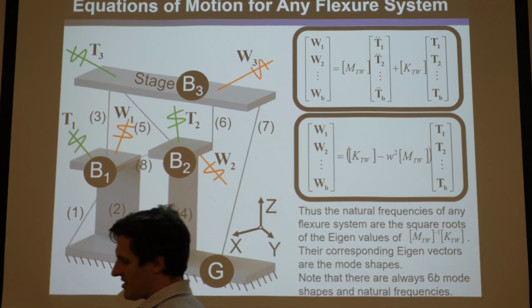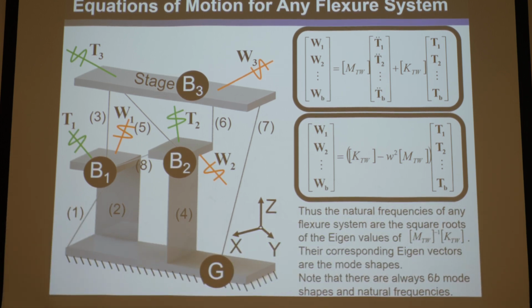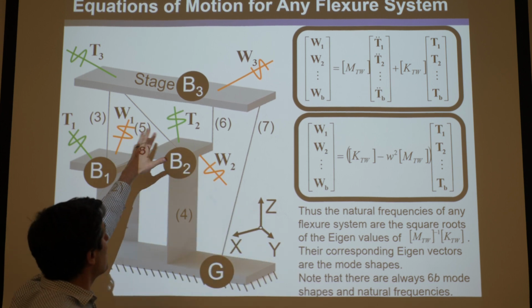To find the eigenvectors and eigenvalues, you would take this giant M matrix, invert it, multiply it by the giant K matrix, and now you get a matrix whose eigenvectors and eigenvalues you find. You square root the eigenvalues, and now you have natural frequencies corresponding with mode shapes. And here's the interesting thing. Remember, these matrices are no longer 6 by 6 matrices. They're 6b by 6b matrices, where b is the number of those bodies.